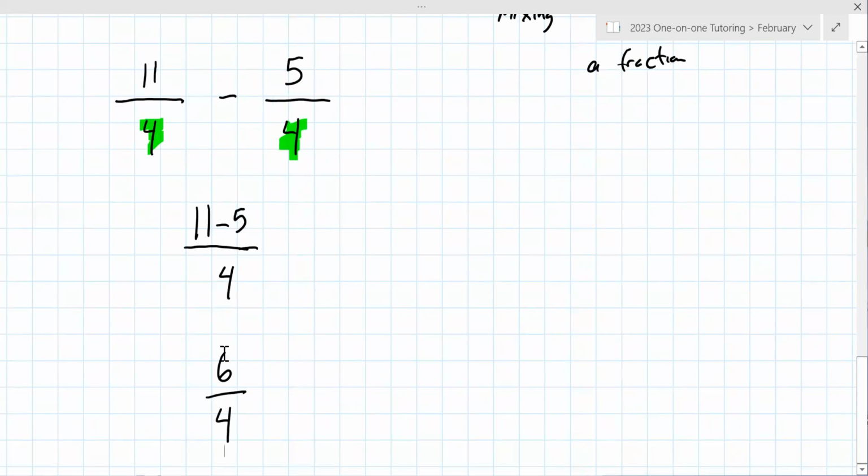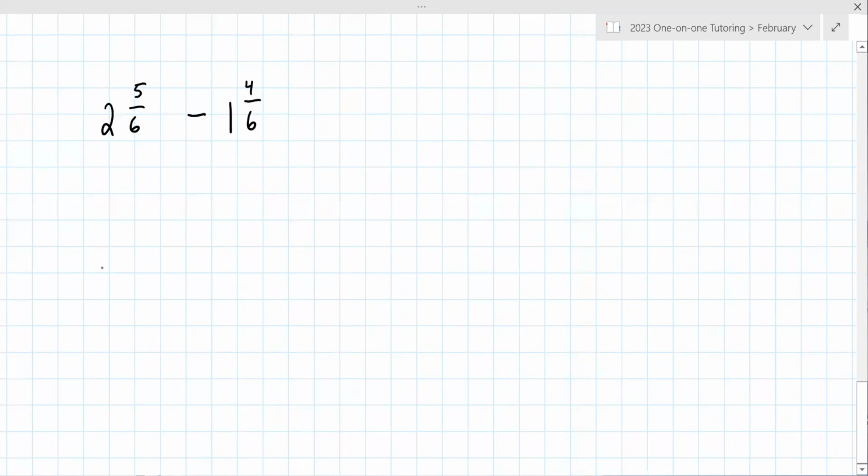All right. Now there's a bit more to do here, but we're going to keep doing examples so that you can learn this even better. Let's go 2 and 5/6 minus 1 and 4/6.